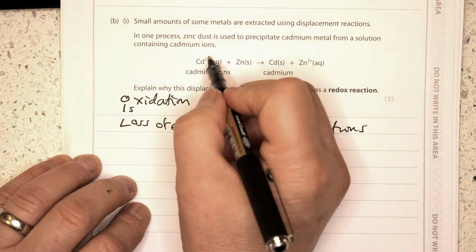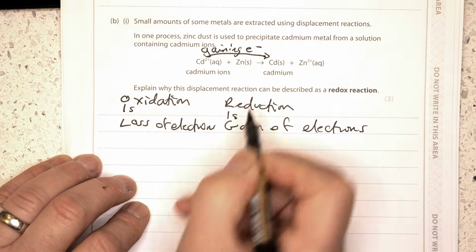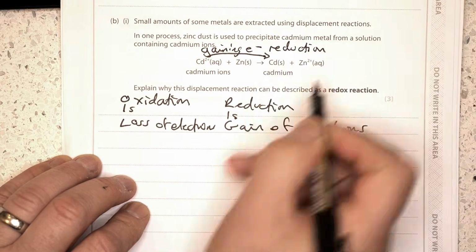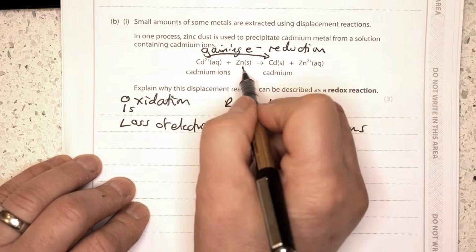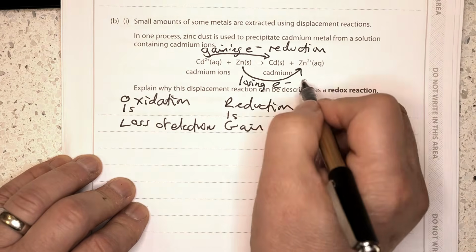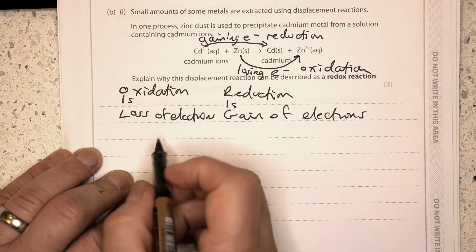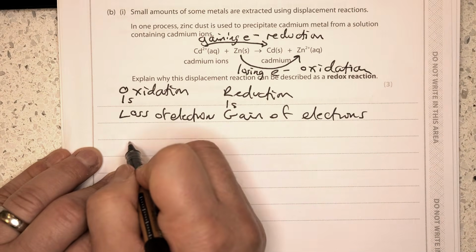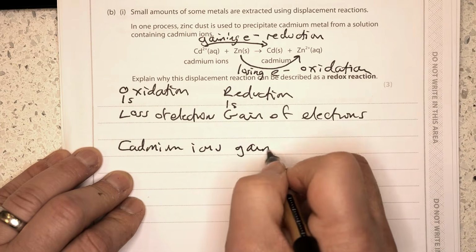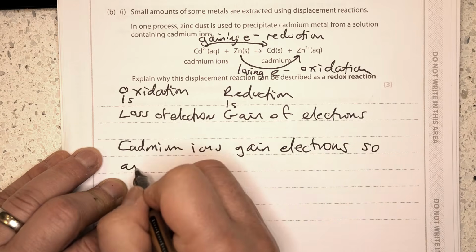So the cadmium ions are gaining electrons. So that means if they're gaining electrons, that's reduction happening. Whereas the zinc atoms are losing electrons. And losing electrons is oxidation. So let's now make sure we write that in our answer. So we can say the cadmium ions gain electrons, so are reduced.